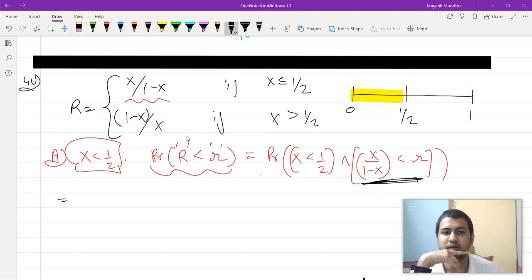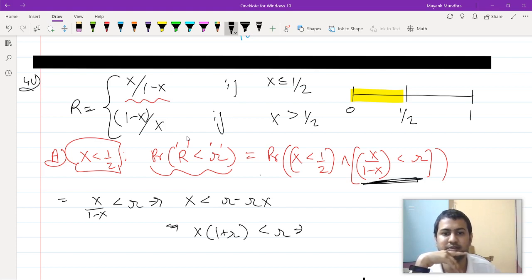I have x upon 1 minus x less than r, so x is less than r minus rx, which implies x times 1 plus r is less than r, which implies x is less than r upon 1 plus r.